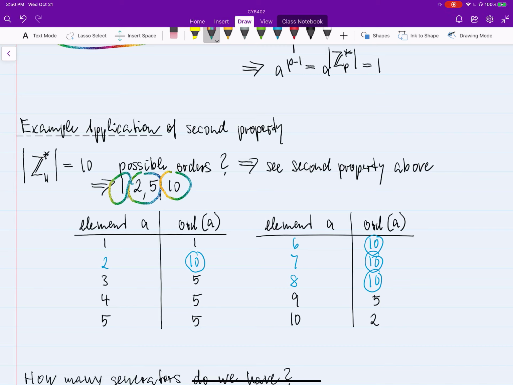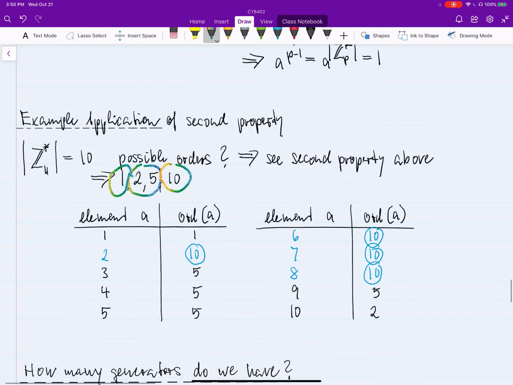So all of these are possible orders for elements. And we can show that easily. So we only get those numbers.